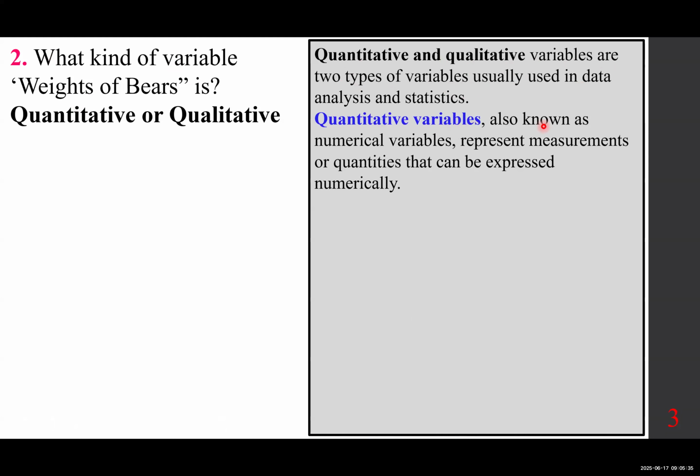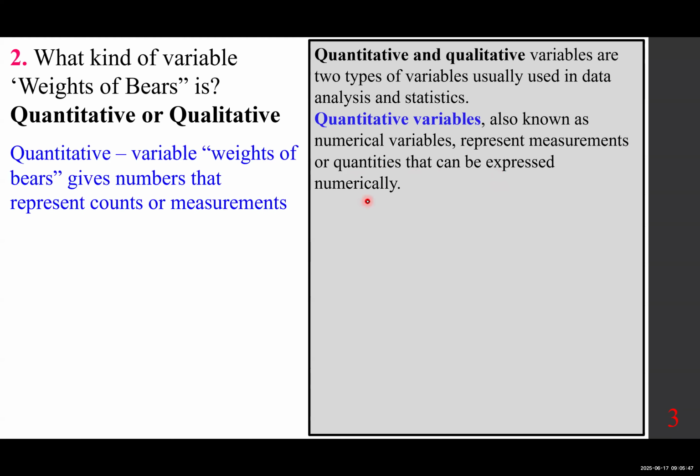Quantitative variables, also known as numerical variables, represent measurements of quantities that can be expressed numerically. So this is a quantitative variable. Weights of bears gives numbers that represent counts or measurements, according to this definition.